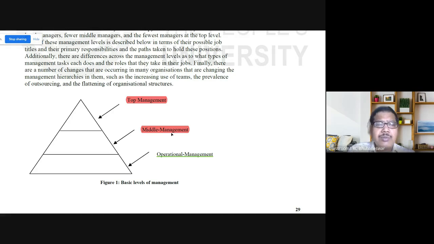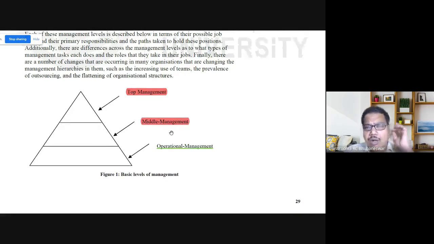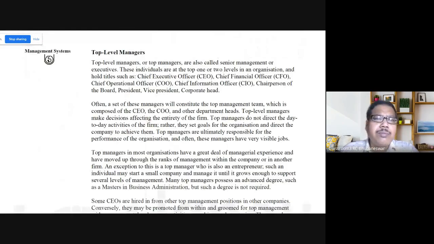Then coming to the usability of each of the levels, who are the top level managers and the bottom or middle level managers supposed to be? In the top level, we have senior management executives.